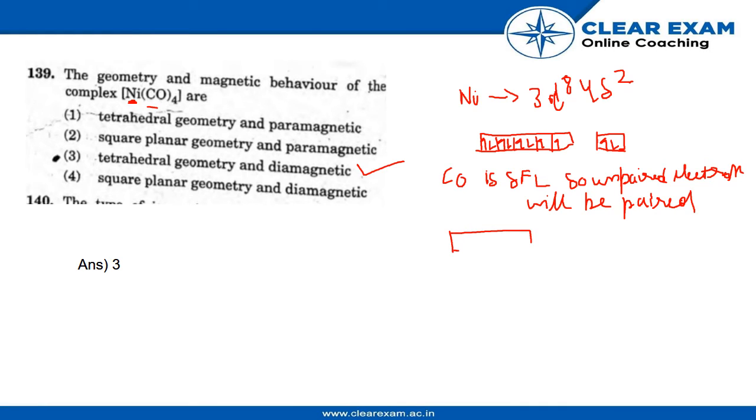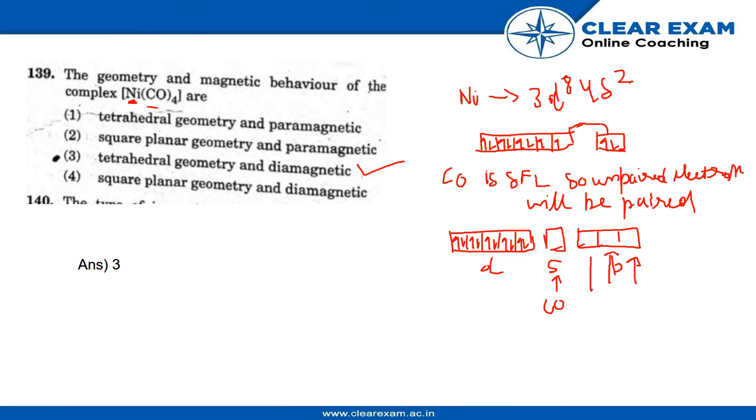The 4s electrons will go into the d orbitals, making 2, 3, 4, 5, and the d orbitals will be full because of the CO present. And these three, the s and p orbitals, will be captured by CO.